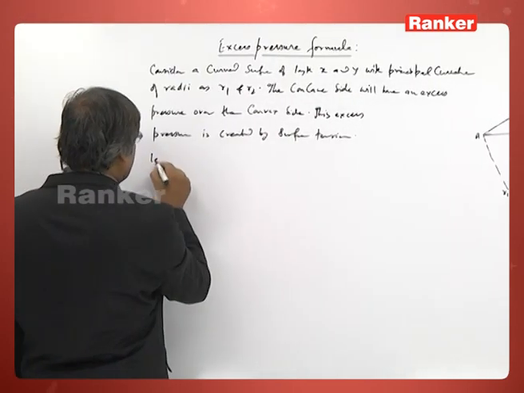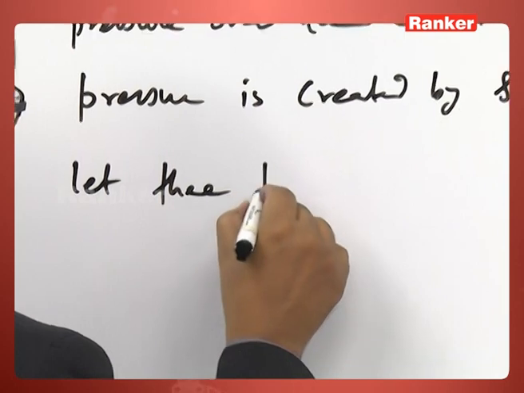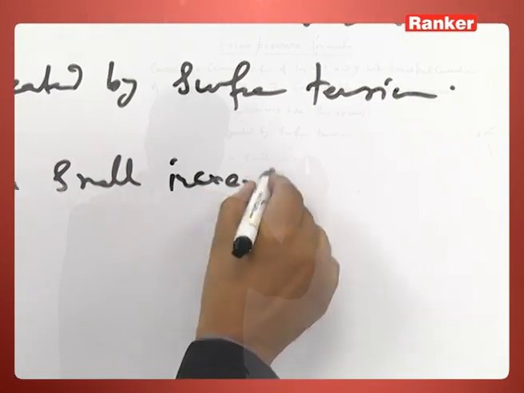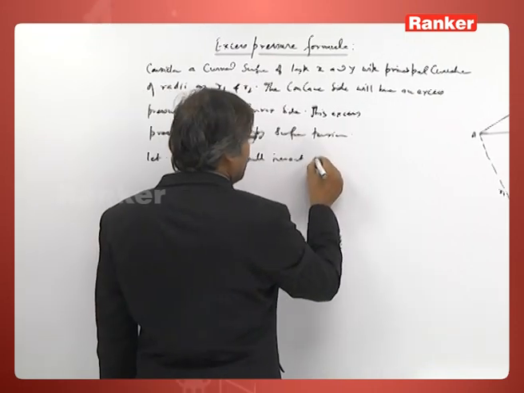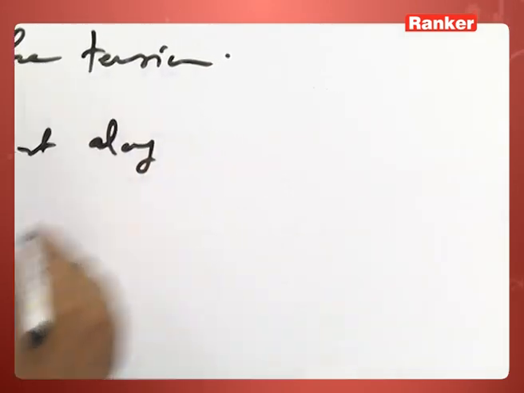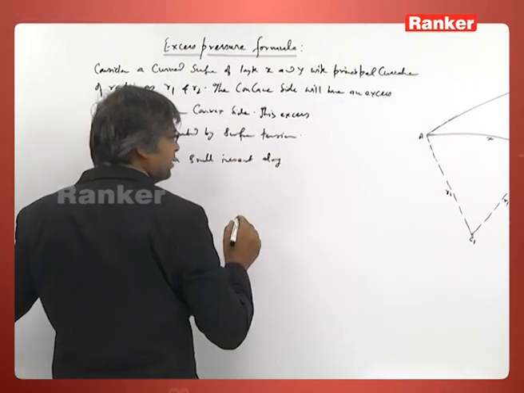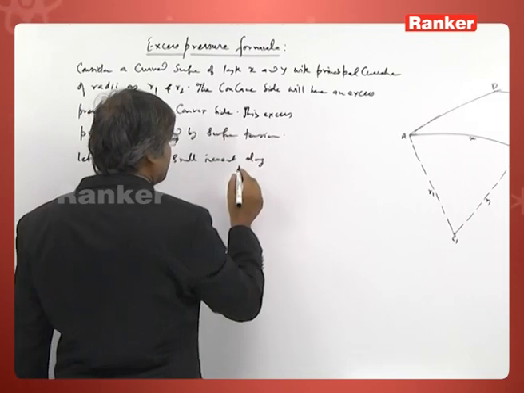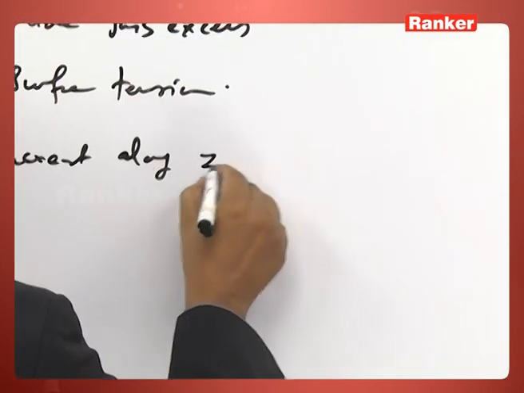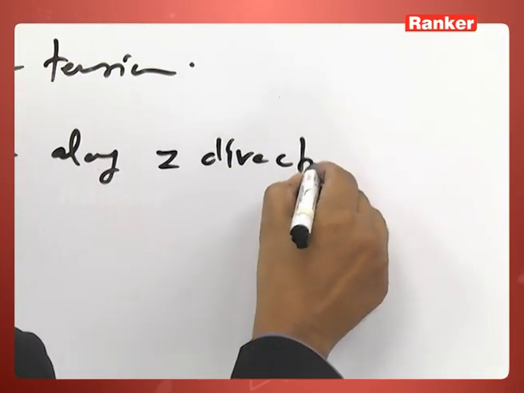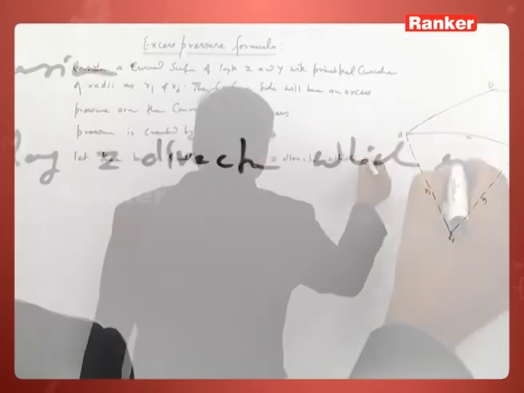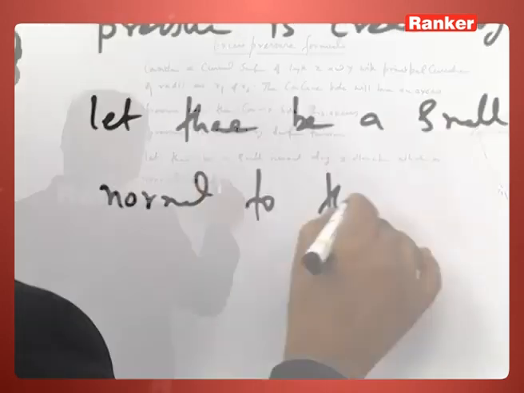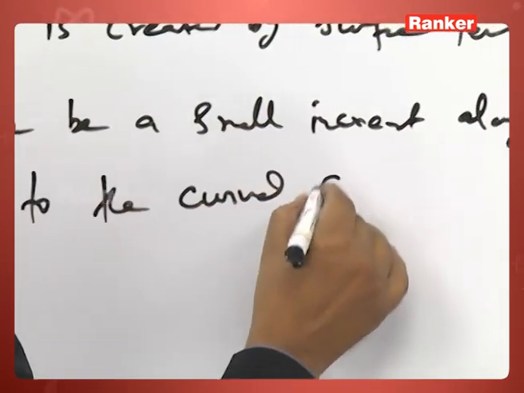Let there be a small increment along the z direction, that is the normal direction to the curved surface.